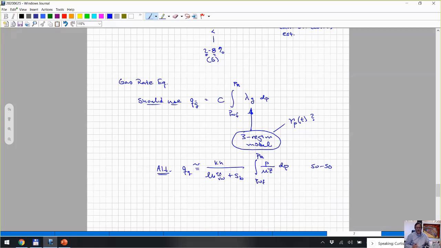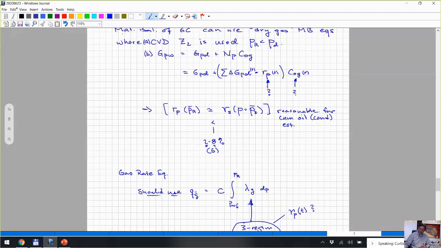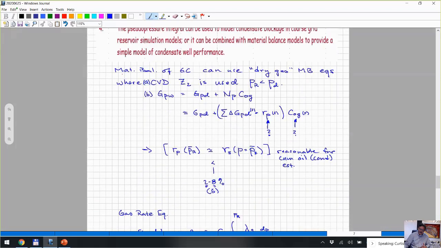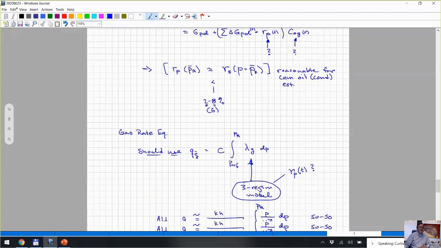Now, I think probably the one getting closest to that is this paper by Bob Mott. But it's approximate, and it's probably not in imbal. So anyway, I just want to make it clear that the material balance can be done reasonably well if you have CVD data. But the rate equation is not going to be right.